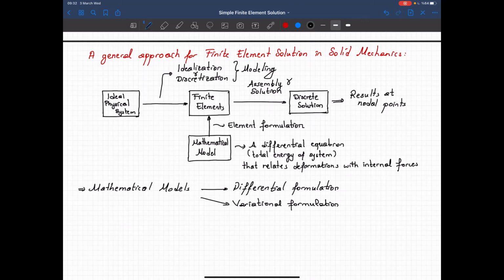Okay, and then at the end of the day, either you use a mathematical differential formulation or a variational formulation, you obtain an equation. So how to solve that? We will very briefly take a look at the approximate solution methods.